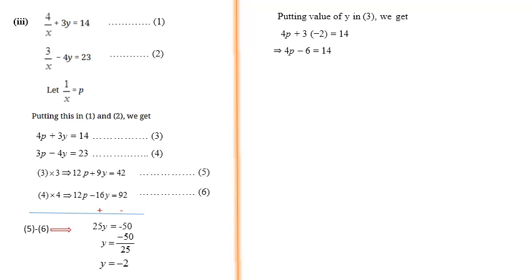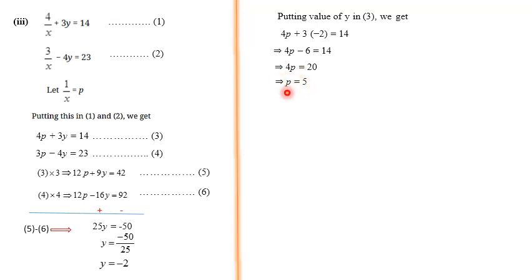Go for the calculation. That is 4p, 3 into minus 2 is minus 6, equal to 14. Then 4p is equal to 14, minus 6 will go to the right side. It becomes plus 6, and 14 plus 6 becomes 20, and p is equal to 20 by 4. This 4 will go to the denominator, and 20 by 4 becomes 5.